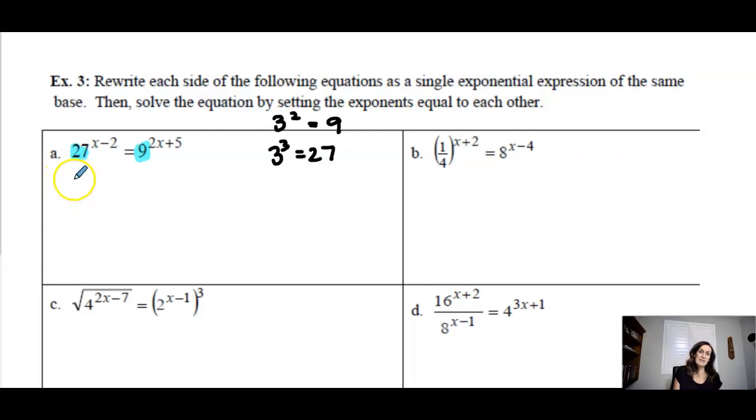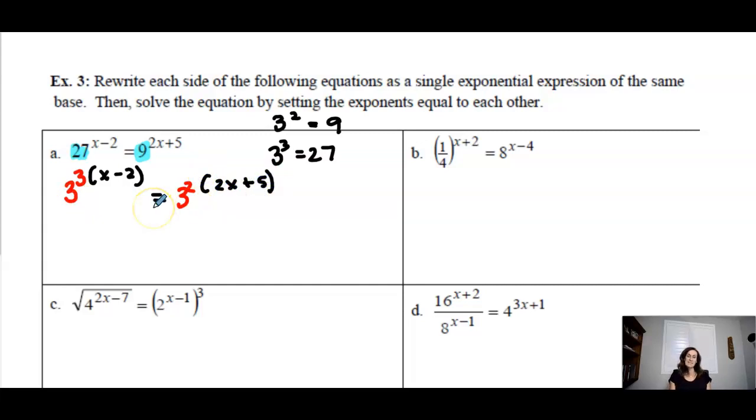So 27, and I'll use a red pen. 27 is 3 cubed, and then you still have the x subtract 2. And 9 is the same thing as 3 squared, and then you still have the 2x plus 5.